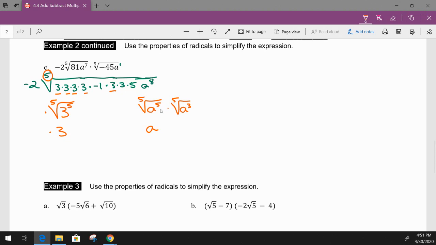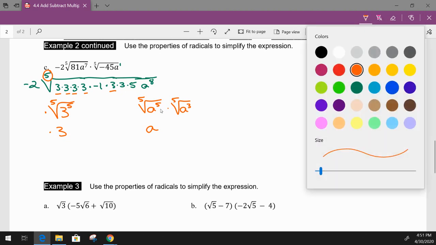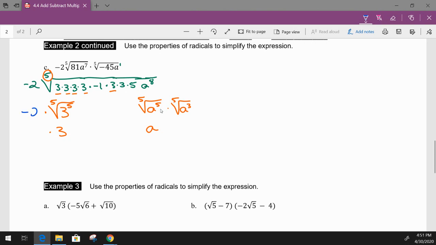And then the stuff that's going to be left over, the -2 is still in front, but inside the radical, it's still a fifth root, but we still have the negative. Actually, nope. I'm going to separate that fifth root of -1, because -1 is actually a perfect fifth power. So the fifth root of -1 all by itself is -1.